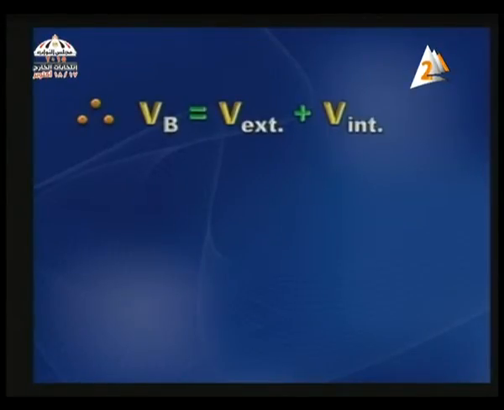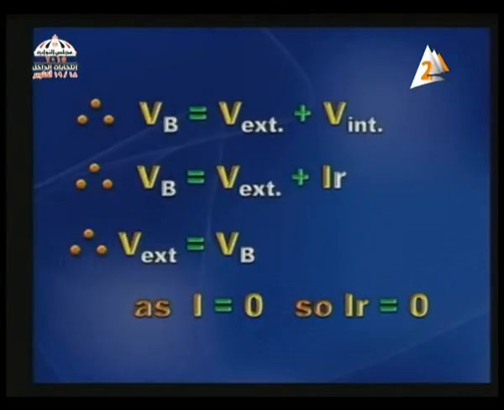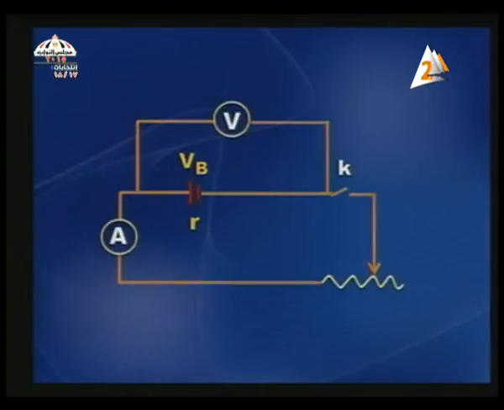V battery equals V external plus V internal, which is equal to V external plus IR small. So V battery equals V external when I equals 0, as the product of I and R equals 0.